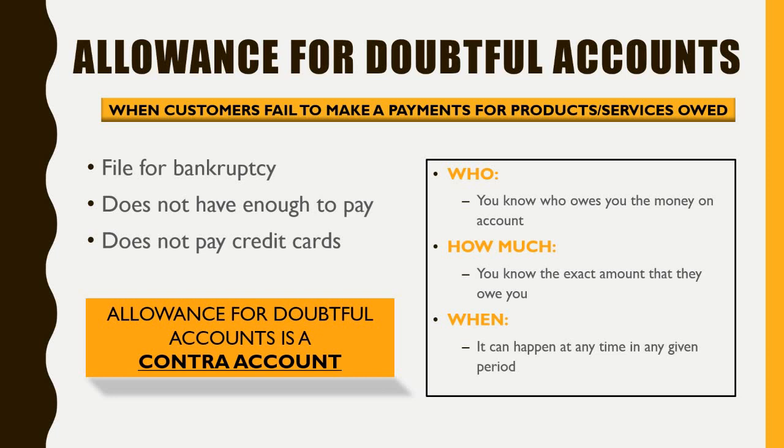That's what the allowance for doubtful accounts is: an account where you separate this accounts receivable and plug it into the allowance for doubtful accounts, because this person may or may not pay.